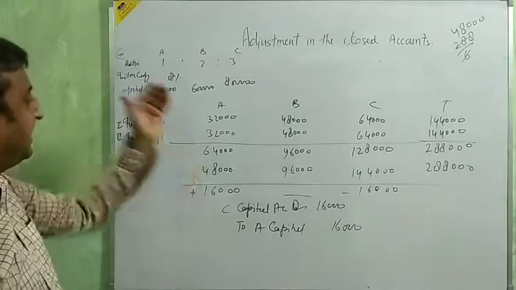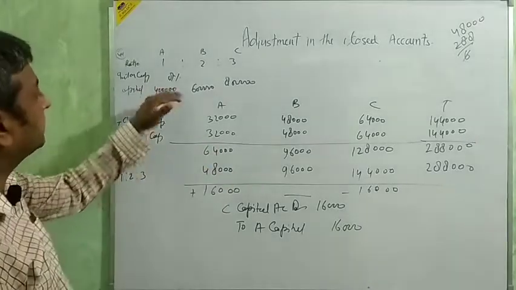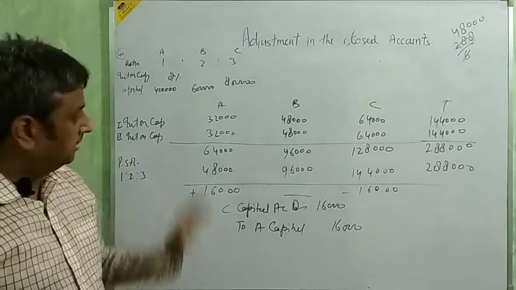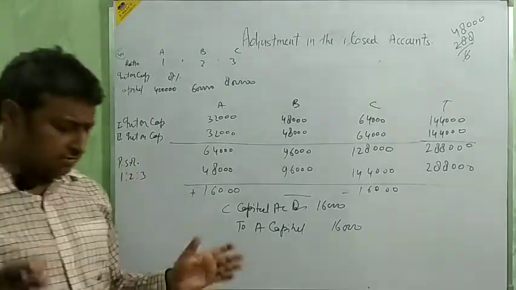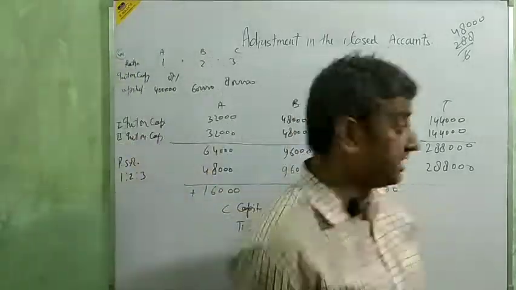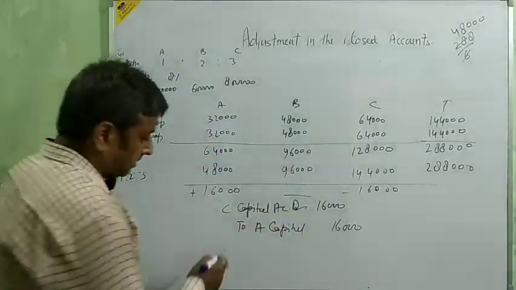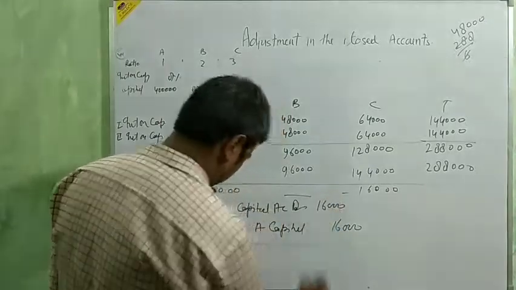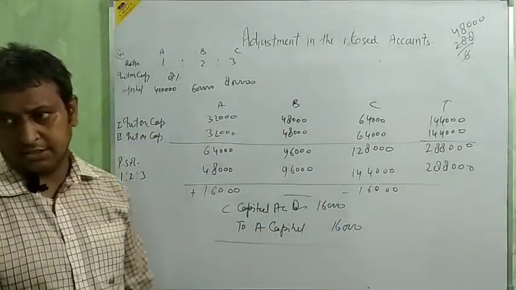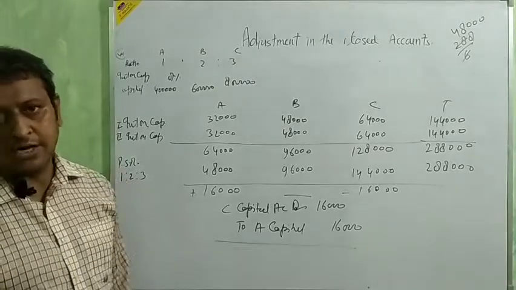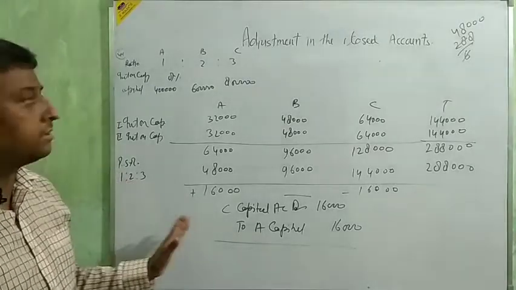Or directly calculate 16% or calculate 8%, then double it. That is the presentation value, beta. This table is only presentation. This is the main thing: on this entry you will get the marks, nothing else. Okay, clear? Clear or not?